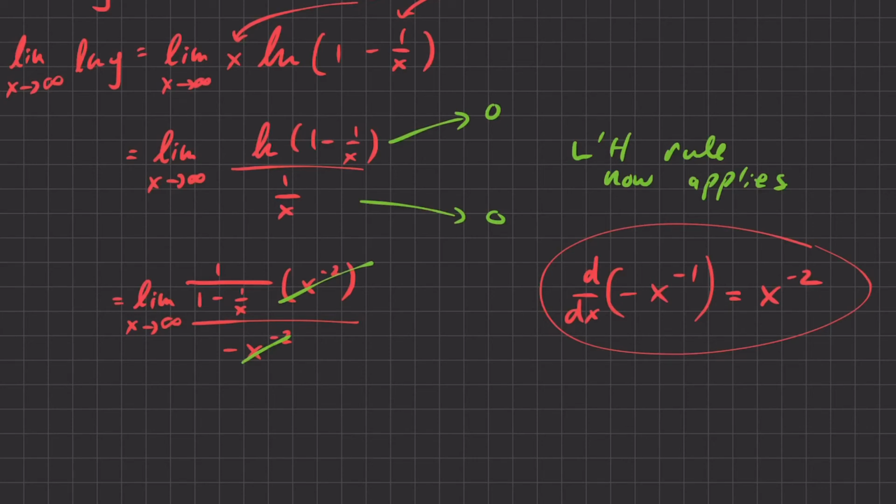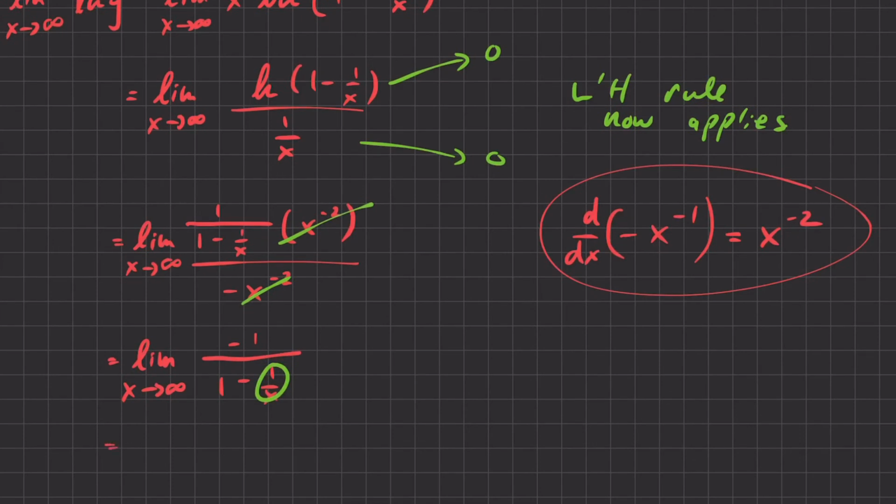So this is equal to the limit as x approaches infinity of negative 1 over 1 minus 1 over x. And as x approaches infinity, this little guy right here goes to 0. So I've got negative 1 over 1 minus 0, or in other words, negative 1. Are you okay with that?